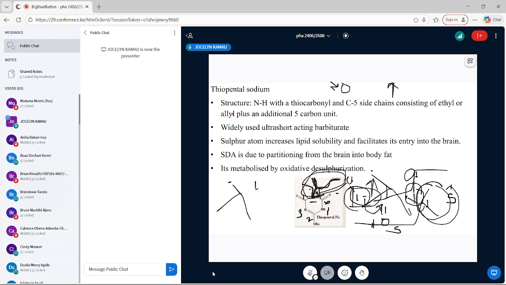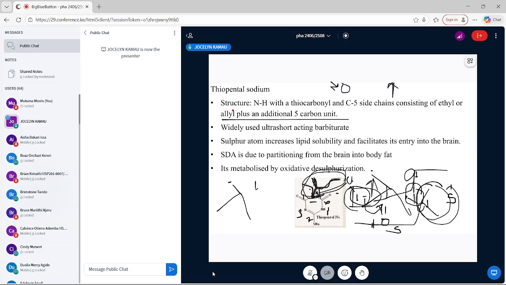So we are saying the thiopental sodium structure has an NH with a thiocarbonyl, and a carbon 5 side chain consisting of an ethyl, or an alkyl or an aryl group, plus an additional 5 carbon atoms. So we are looking at the structure: it's an NH with a thiocarbonyl.